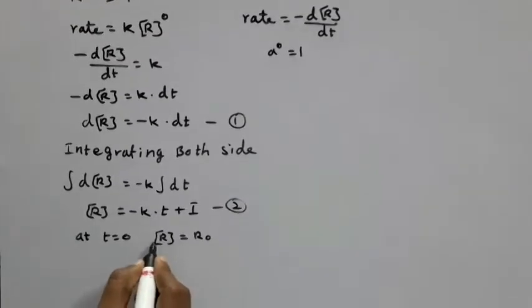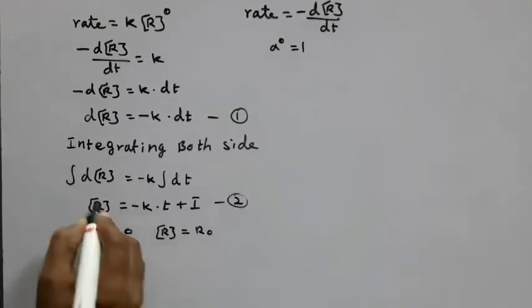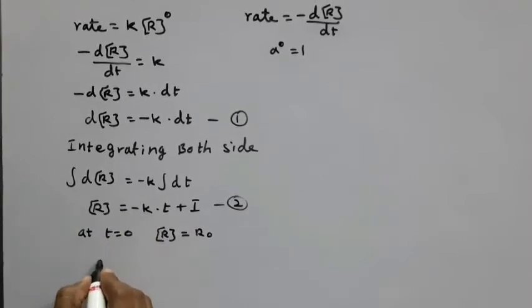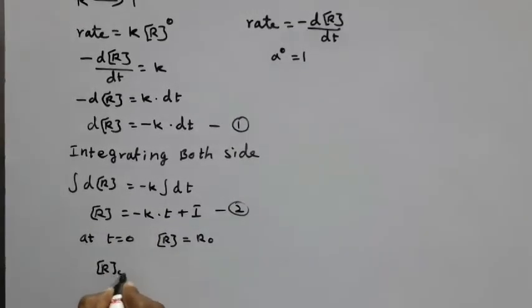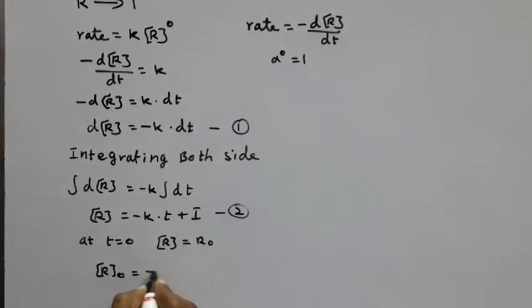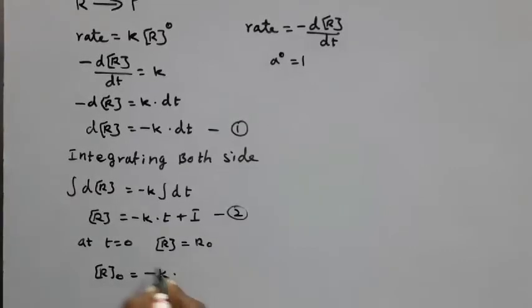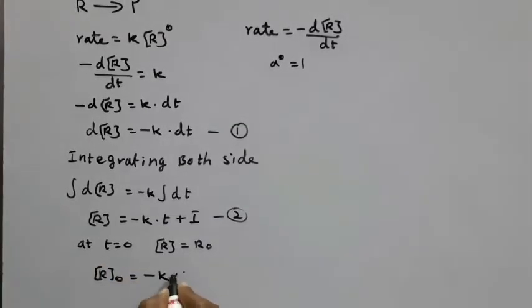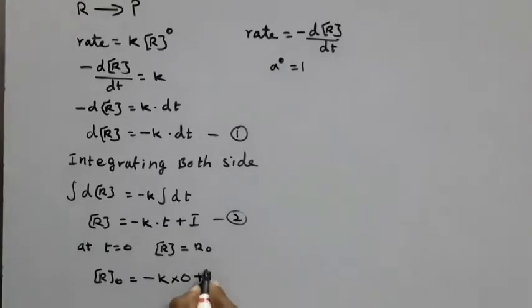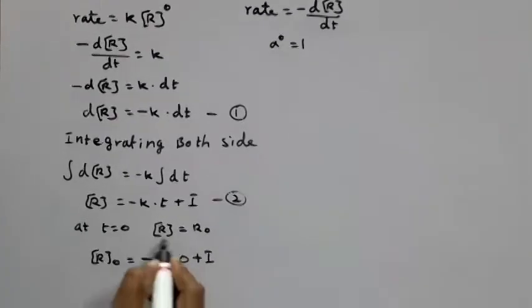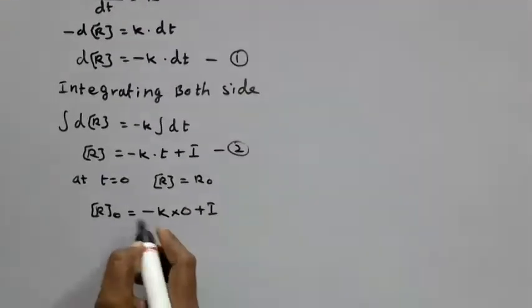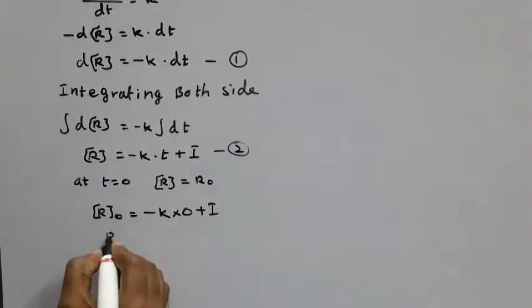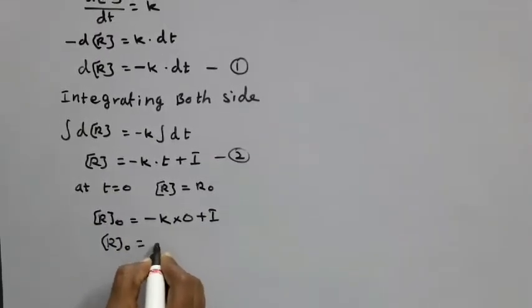So we have to substitute this value into the equation: R0 equals minus k into t, where t equals 0, plus I. Anything multiplied by 0 is 0, so R0 equals I.